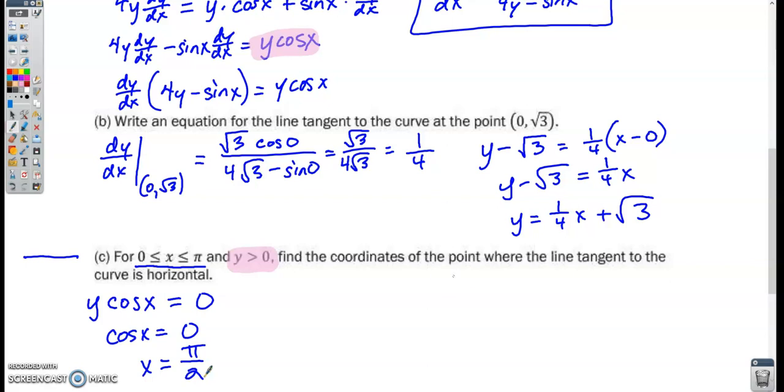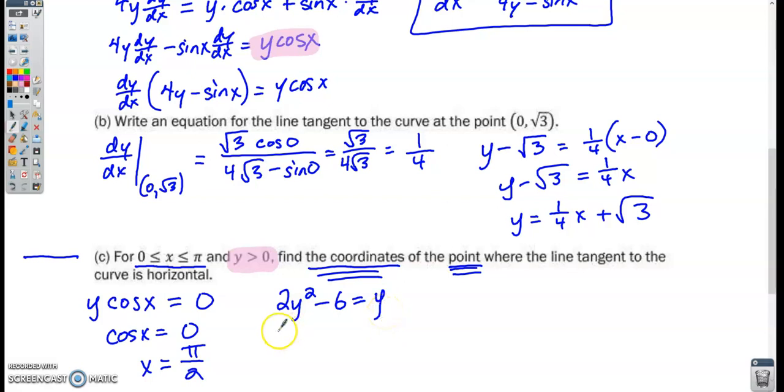Now, we're looking for a point, not just the x coordinate, but both of the coordinates of the point. And so we're going to substitute pi over 2 back into the original equation for x. And when we do that, that gives us 2y squared minus 6 is equal to y times the sine of pi over 2, which is just 1, is equal to y.